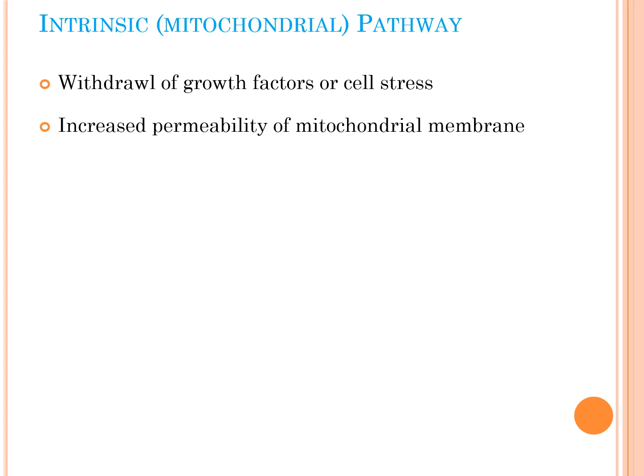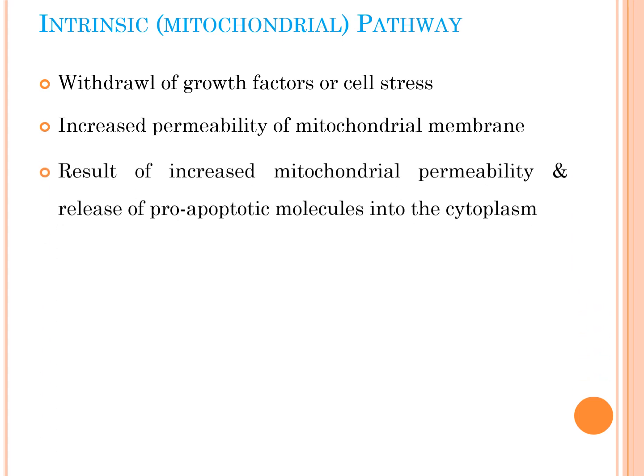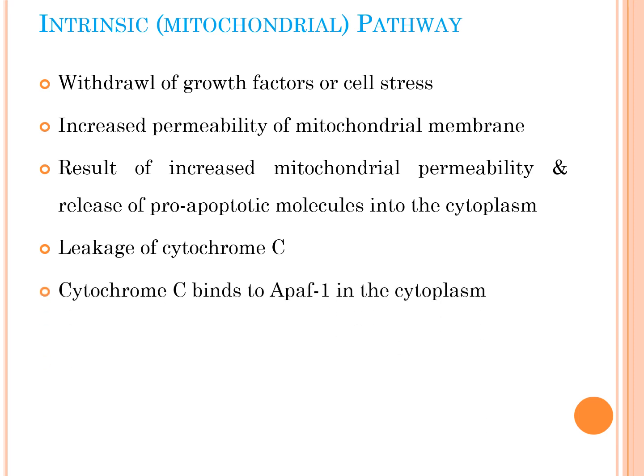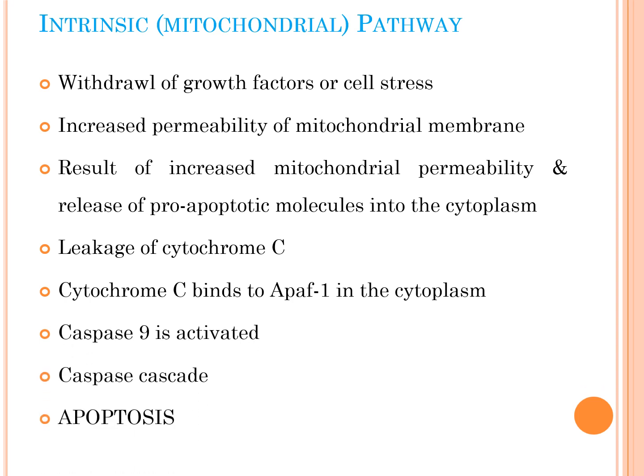And in the intrinsic, that is the mitochondrial pathway, what happens is there will be withdrawal of growth factors or cell stress, and there will be increased permeability of the mitochondrial membrane, which results in release of pro-apoptotic molecules into the cytoplasm. Leakage of cytochrome C takes place, which binds to APAF1 in the cytoplasm, and caspase 9 is activated and the cascade takes place, leading to apoptosis.